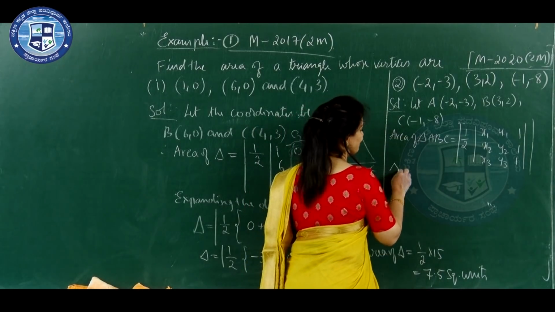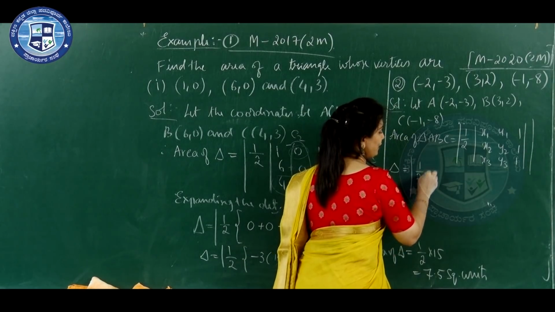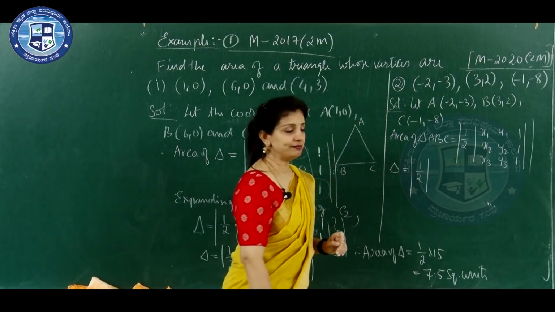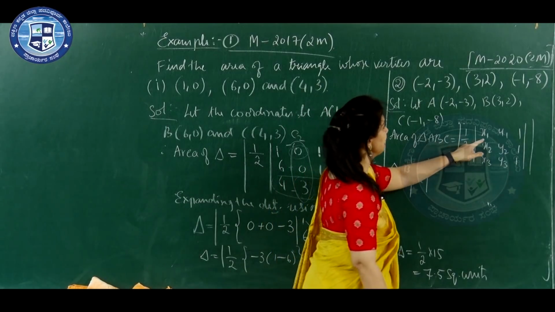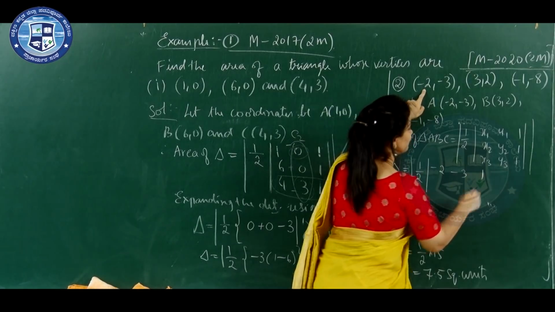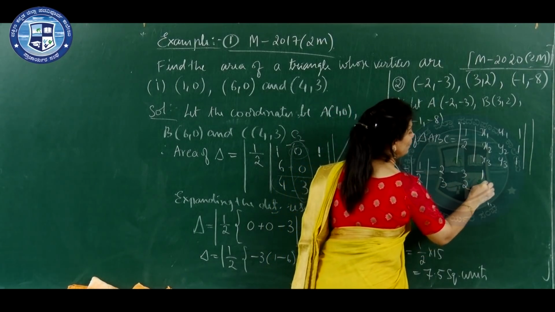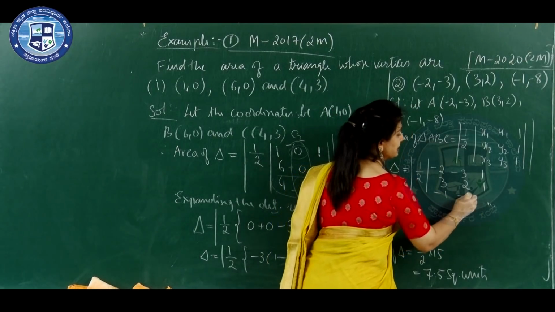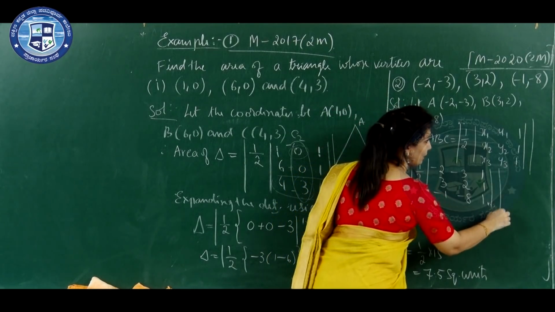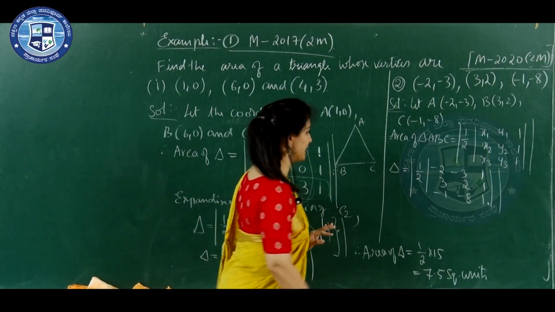So, using this formula, delta is equal to the absolute value of half into the determinant of minus 2, minus 3, 1, 3, 2, 1, minus 1, minus 8, 1. We just have to expand this and get the value of delta, the area of the triangle.